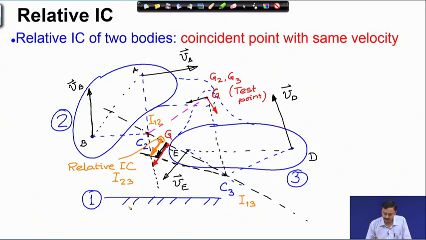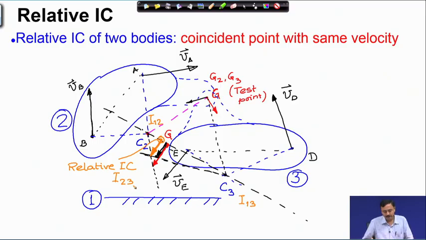The relative instantaneous center of rotation of body 3 with respect to the ground is C3 or I13. The relative instantaneous center of rotation of body 2 with respect to 3 is I23. So, this is the concept of relative instantaneous centers of rotation.